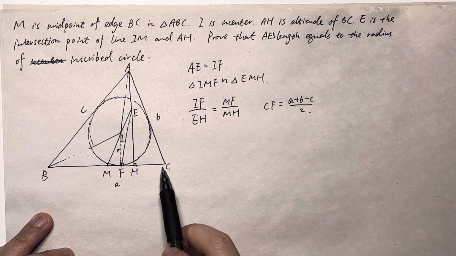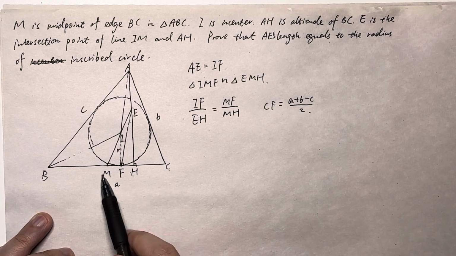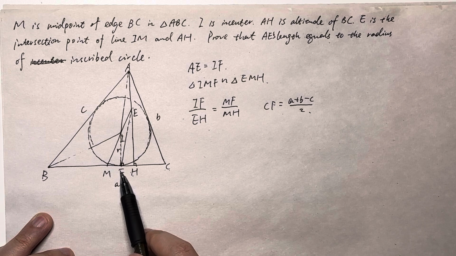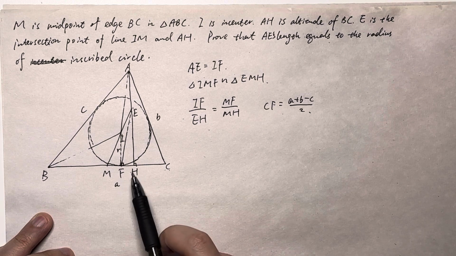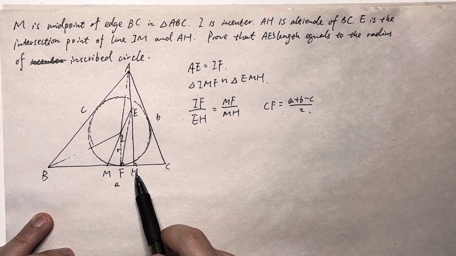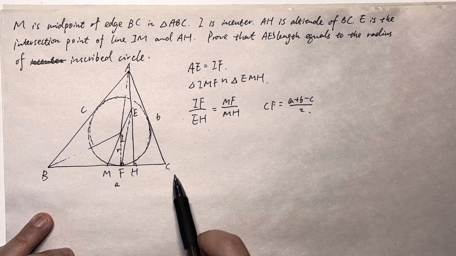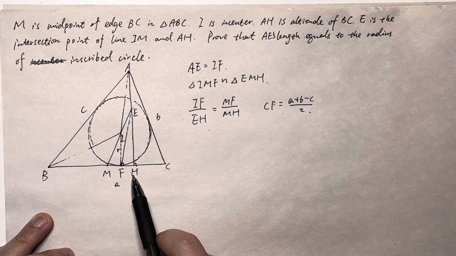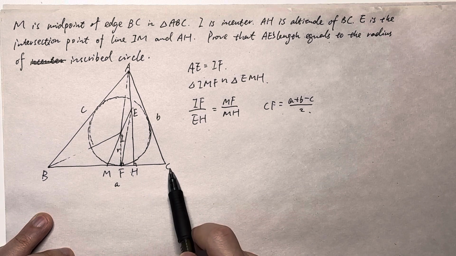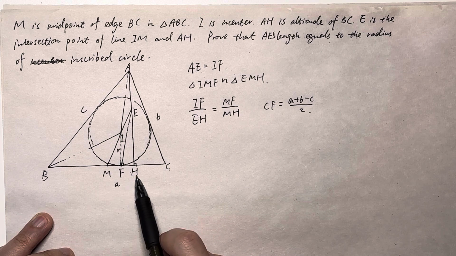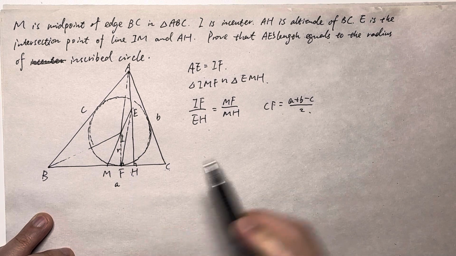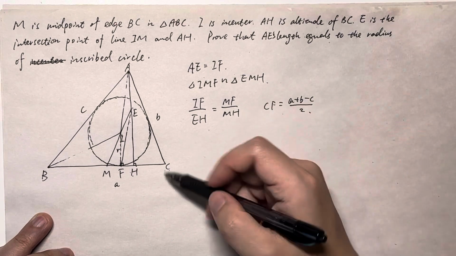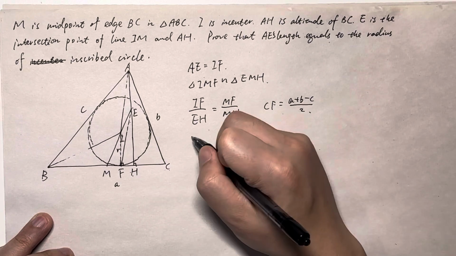So we know the length of CF and CM, then we know the length of MF. For MH, we know CM, so we need the length of CH.